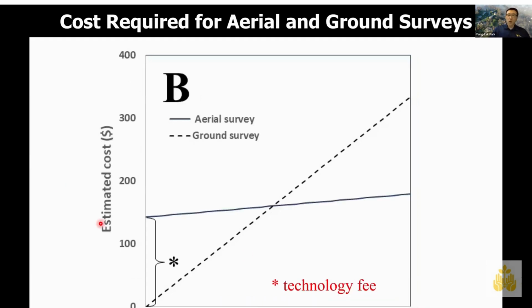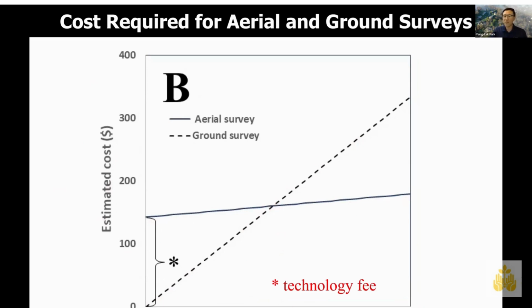So the y-axis is the cost now. If you look at this, the dotted line is the ground survey, and this line is the aerial survey. Again, the x-axis is the number of bean blocks. If there are 15 bean blocks to survey, the cost of the aerial survey and the ground survey is equal.